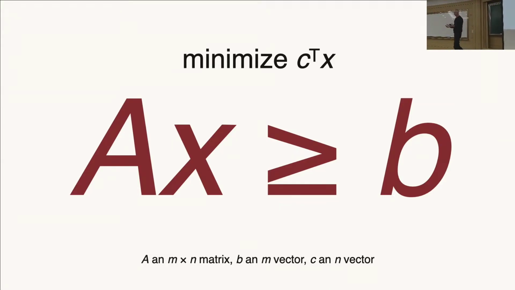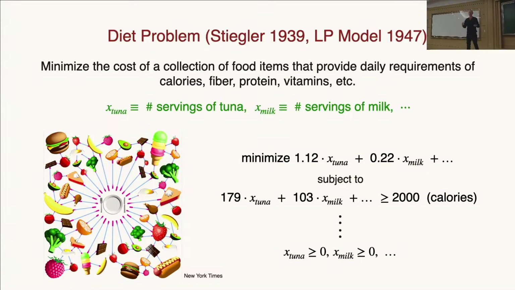If you look in a textbook, the example they always show is the diet problem, where the variables are the number of servings of things you should have per day. The constraints make sure you have enough calories, enough protein. It's important to point out, though, that linear programming doesn't tell you to just drink one glass of milk. It might say drink half a glass of milk. It allows fractions.